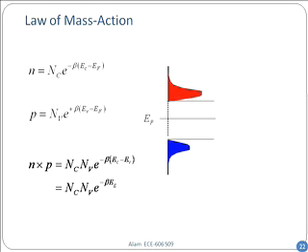Because in one case I have plus EF, another case I have minus EF. EF disappears. This product, do you see, is independent of anything of the material. And so long as I know the material, I know Nc, I know Nv, and do I know the band gap? Of course.